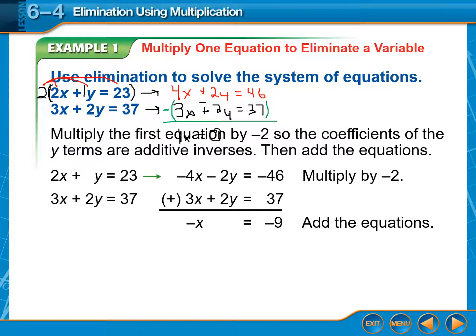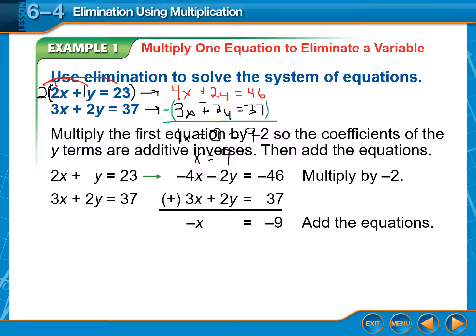And then I do 46 minus 37, and that gives me 9. So by combining these two equations, I've got 1x plus 0 equals 9, so x has a value of 9. And notice all we had to do was change the coefficient for y so that it was the same. That allows us to eliminate it.